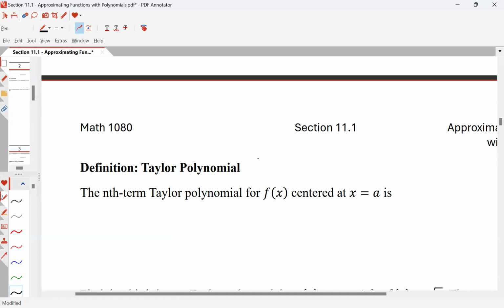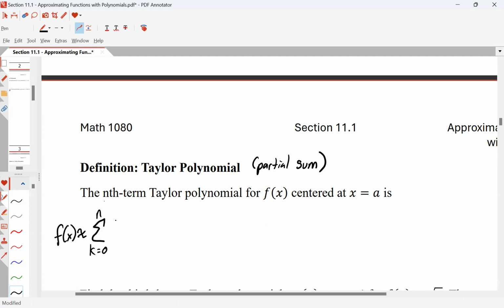This is the idea of the partial sum. The nth term Taylor polynomial is, instead of going for the whole power series from n equals 0 to infinity, instead, we're just going for k equals 0 to some term n. Since it's the nth term, the upper bound should be n, and the lower bound is k equals 0.